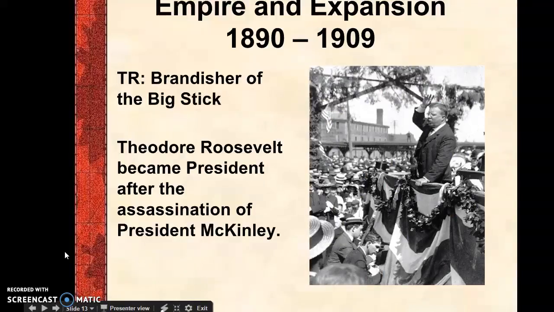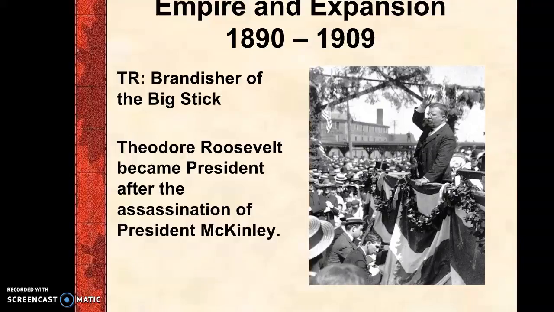TR, brandisher of the big stick. Theodore Roosevelt became President of the United States after the assassination of William McKinley. Roosevelt became president at age 42, being the youngest man ever to serve as president.